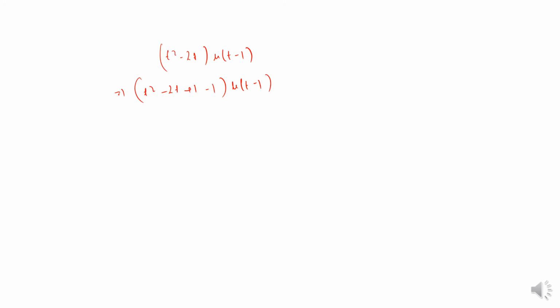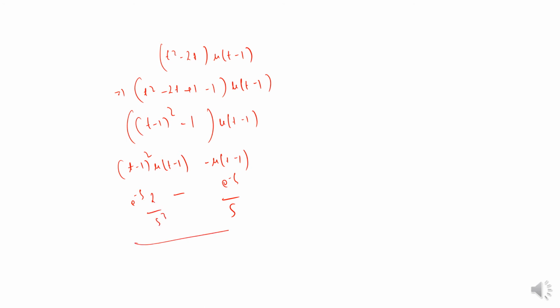Then we can write t minus 1 whole square minus 1 into u of t minus 1, which is t minus 1 whole square into u of t minus 1 minus u of t minus 1. This is e power minus s by s, and this is e power minus s into 2 by s cube for t square. This is the answer which we discussed.